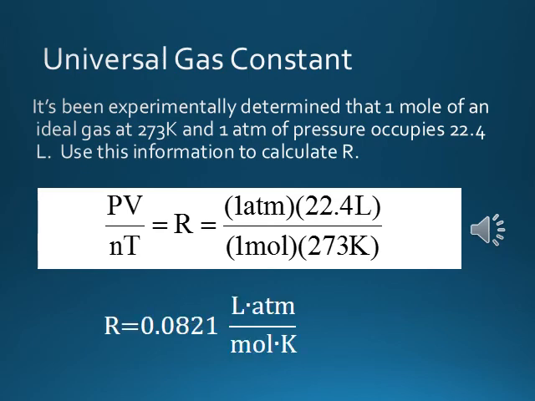I get 0.0821 liter atmospheres over mole Kelvin. You won't have to memorize this value when you are working ideal gas problems. You will be given this value for R.